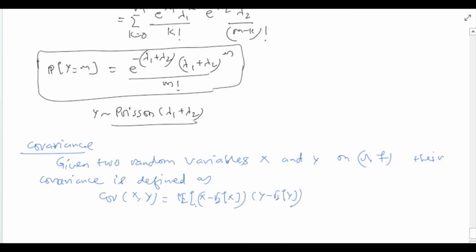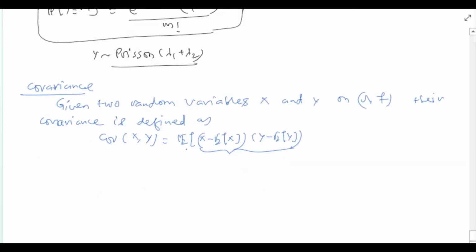Notice that the product here depends on both X and Y. So this is expectation with respect to the joint distribution.